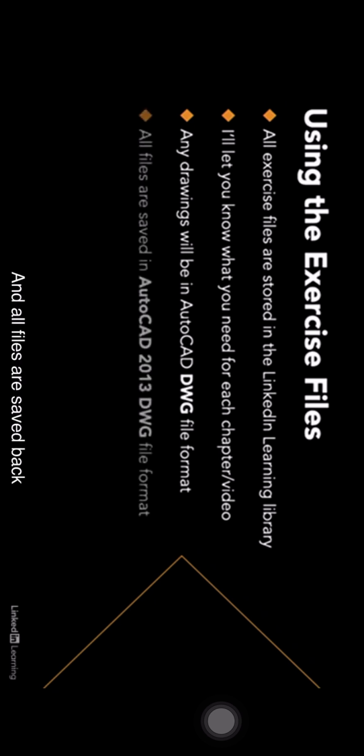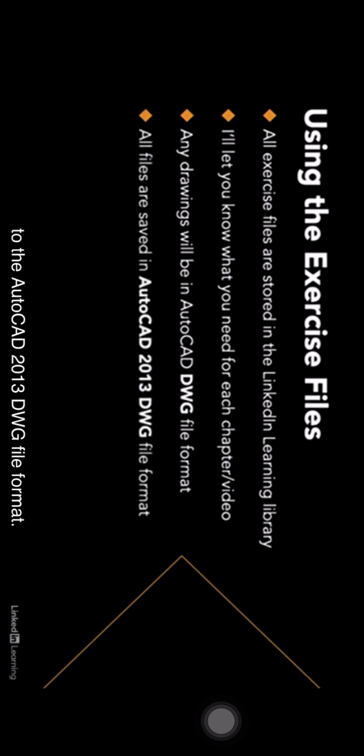Any drawings in this particular course will be in the AutoCAD DWG file format unless specified otherwise, and all files are saved back to the AutoCAD 2013 DWG file format. The reason for that is it allows users who are using older versions of AutoCAD to take this particular course.